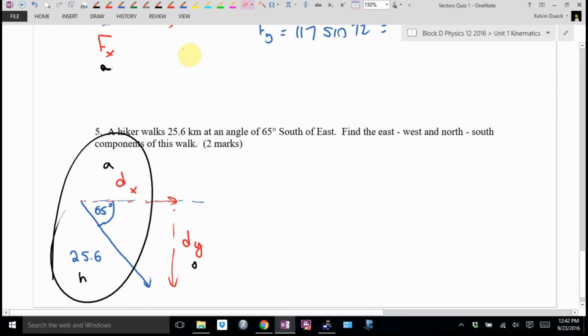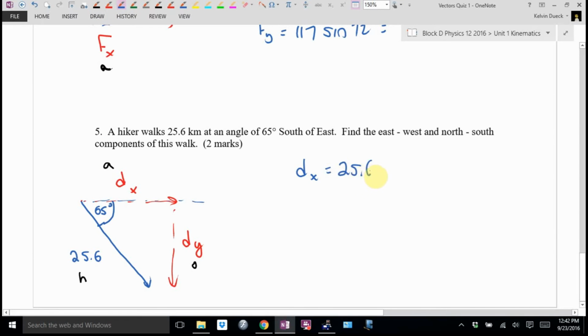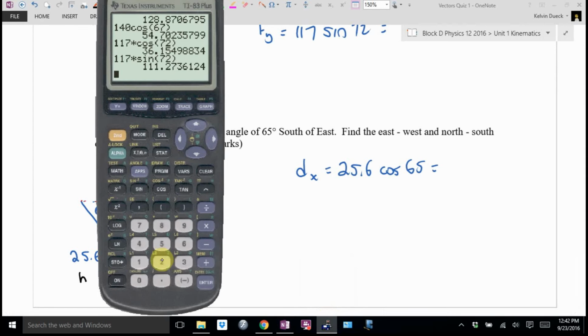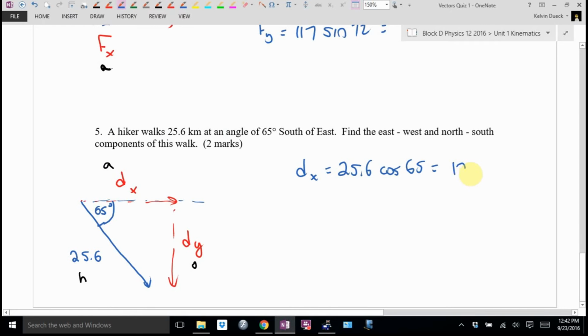I think dx is going to end up being the hypotenuse times the cosine of the angle. Have you spotted that kind of repeating over and over trend? If you're good, go ahead. 25.6 cos 65. I get 10.8. And it's kilometers.